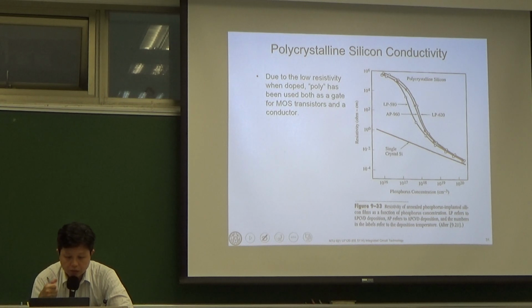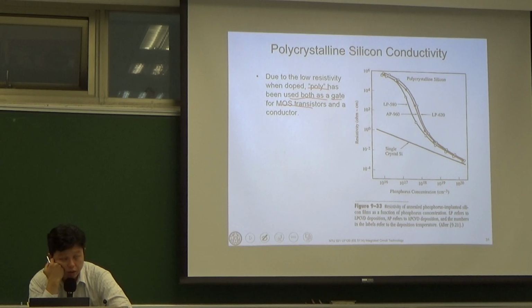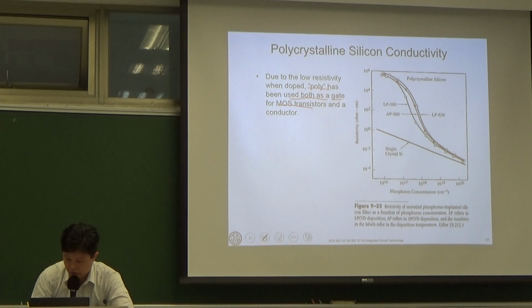And we can use this polysilicon because it can be used as a local interconnect, or a gate for your MOS capacitors. You see the resistivity here.